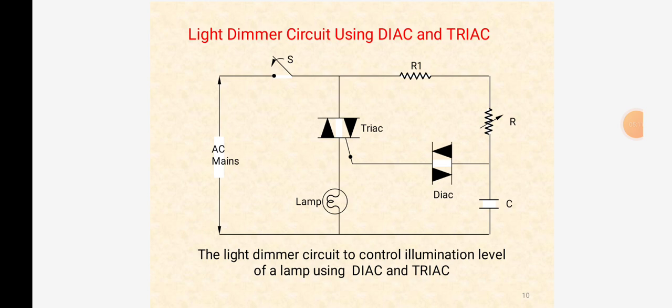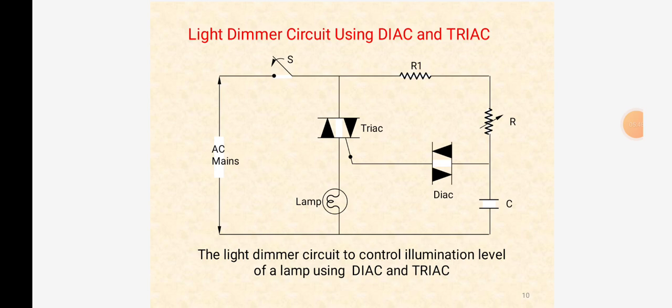This light dimmer circuit controls the illumination level of a lamp using diac and triac. The RC circuit forms the triggering circuit for the diac. When the voltage across C is sufficient to cause conduction of the diac, a gate current flows in the gate circuit of the triac. The triac starts conducting and the lamp glows.